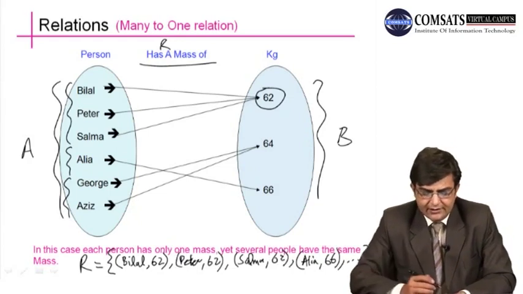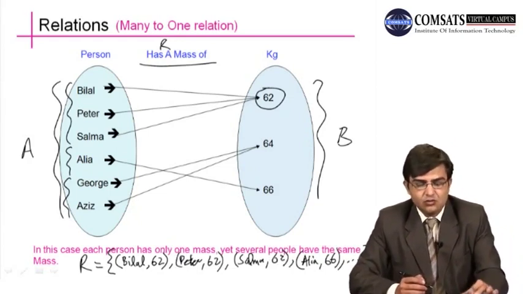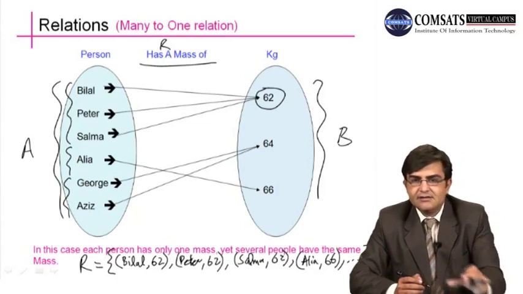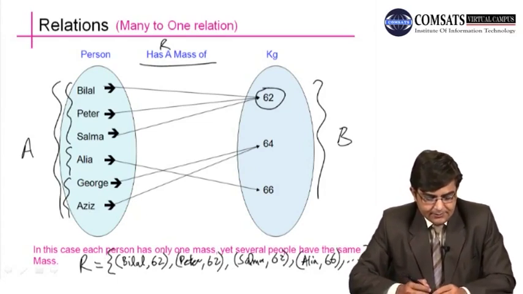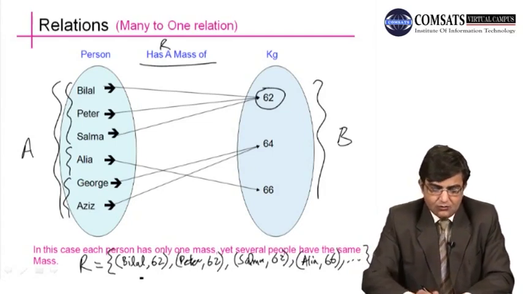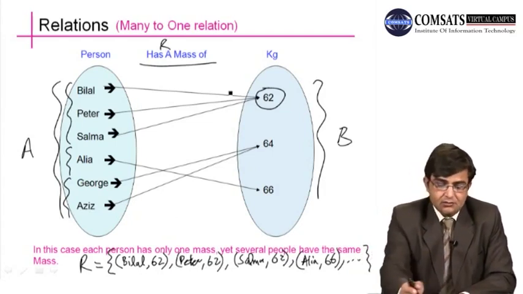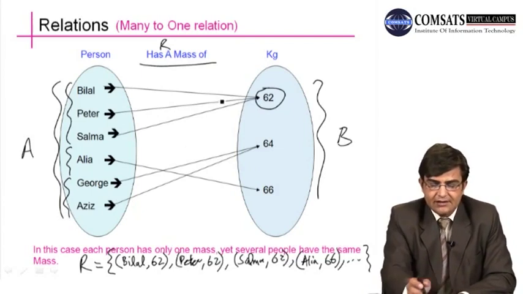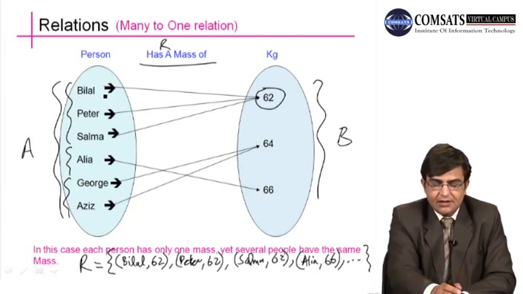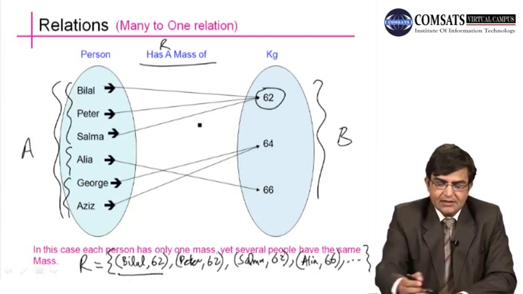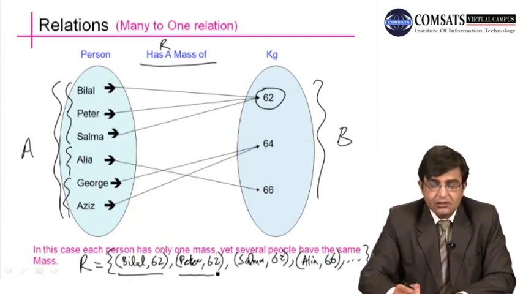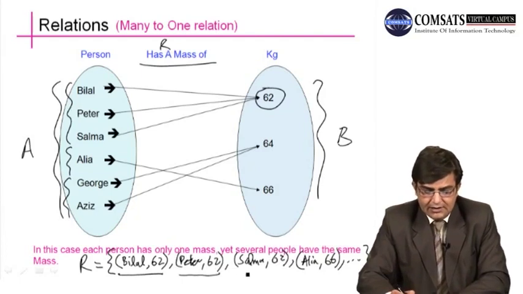We can write the relation which we have defined here in this diagram or picture, whatever it is. So the relation we can write by using these arrows, these lines, because Bilal has 62 kg weight, so we write in ordered pair. Next, Peter has 62 kg weight, we write in ordered pair.